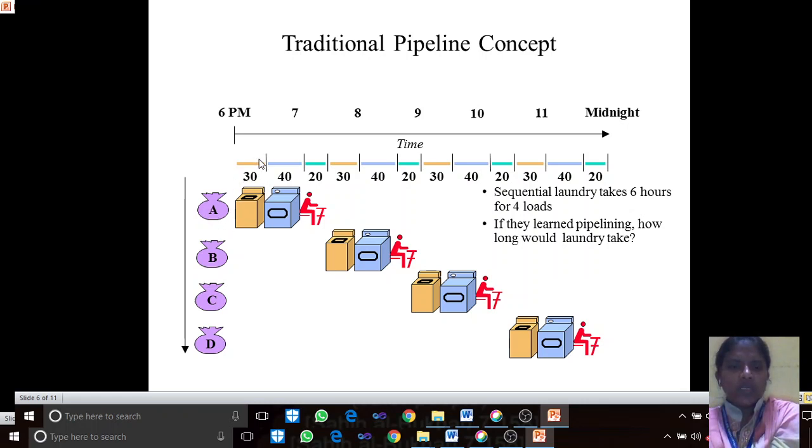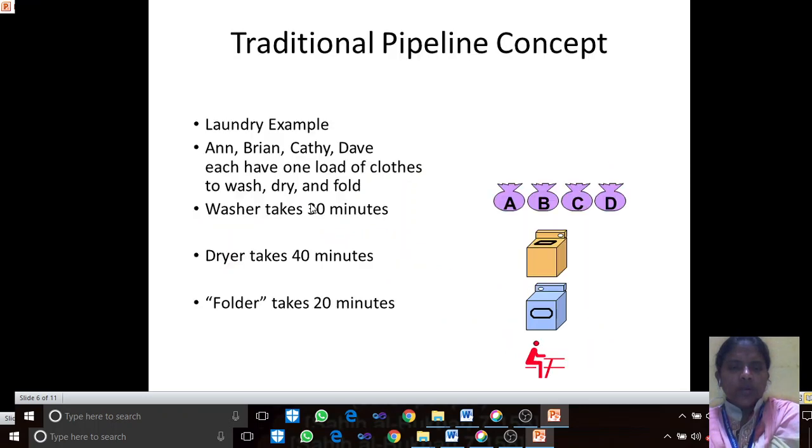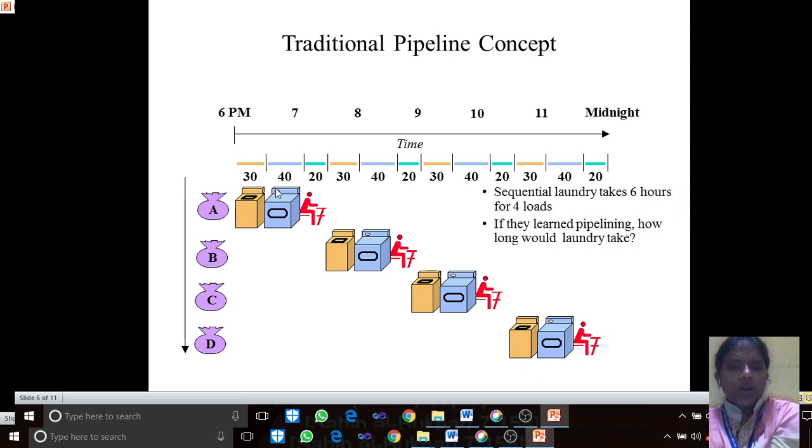It consumes 30 minutes for washing, 40 minutes for drying, and 20 minutes for folding. So altogether it consumes 90 minutes for the laundry of person A.